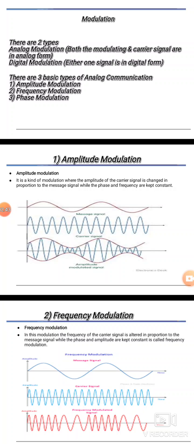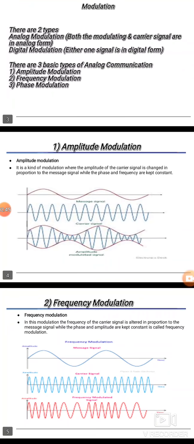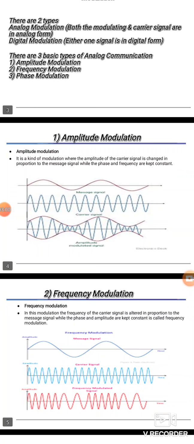What is the concept of analog modulation? Both the modulating signal as well as the carrier signal are in analog form. That is the specification of analog modulation.